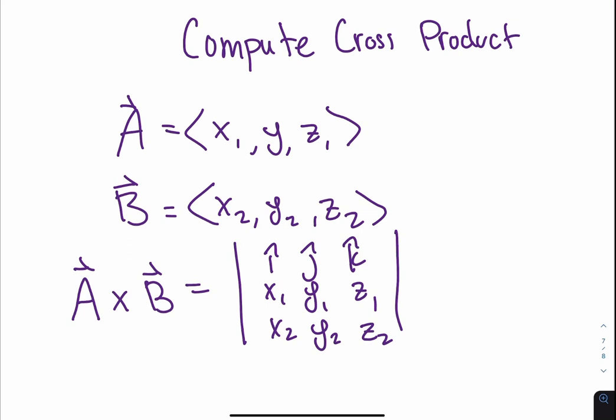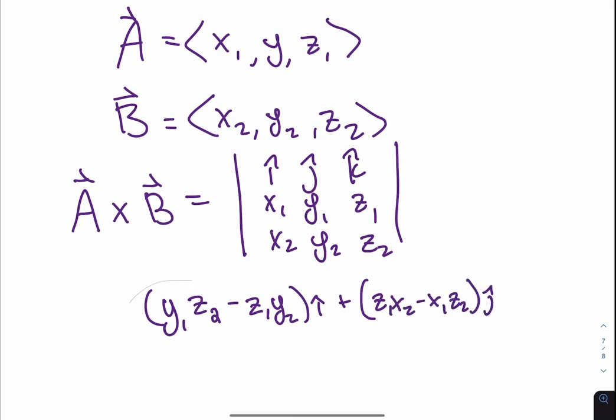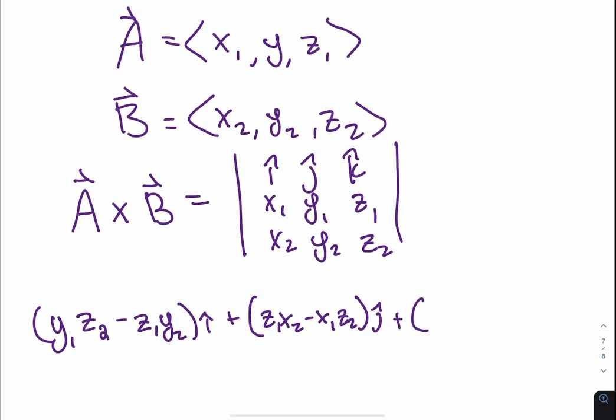However, I will supply an equation to use for the moment. As you can see, this equation gives us an i, a j, and a k multiple vector.